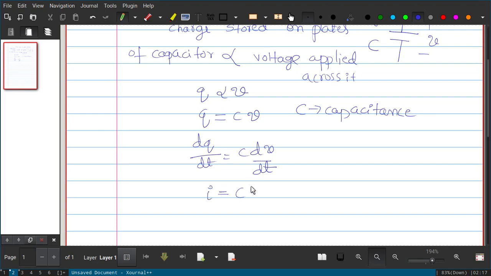So I equals C dV by dt. This is the relationship between current and voltage of a capacitor.